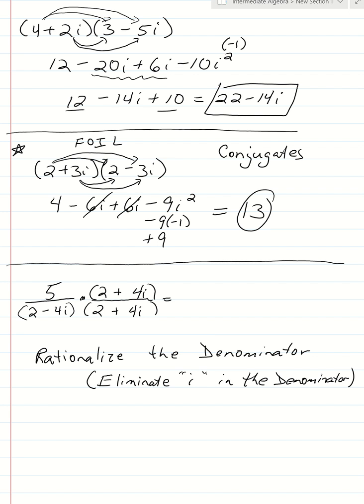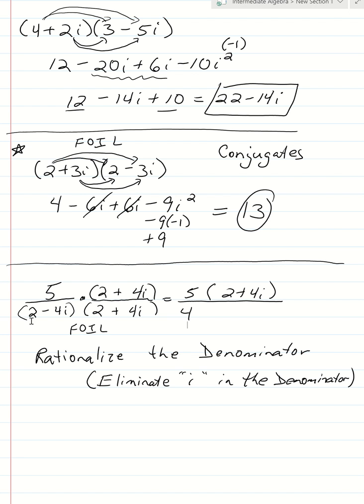So now let's see what this is going to give us. If we want, we can keep the 5 on the outside. When we multiply, we're going to have 5 times 2 plus 4i. We'll leave that alone for now. Now let's actually FOIL the conjugate complex numbers. If we multiply 2 times 2, that gives us 4.